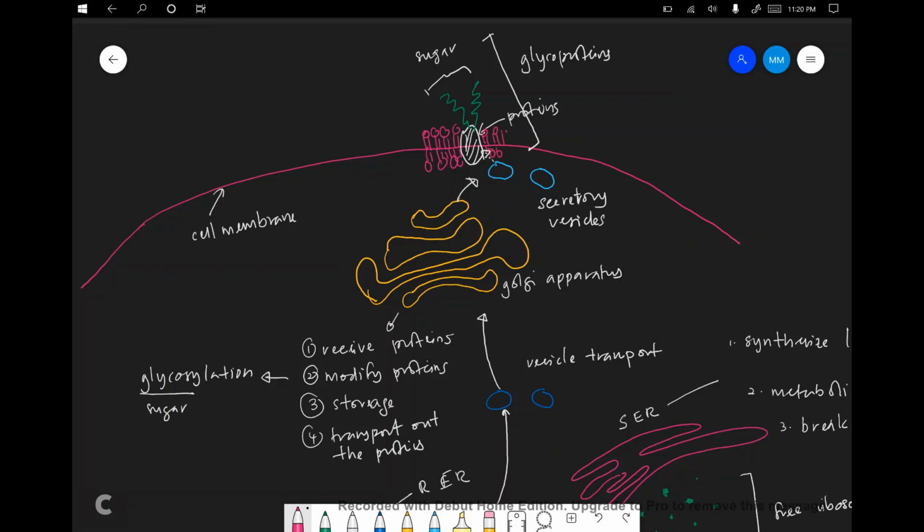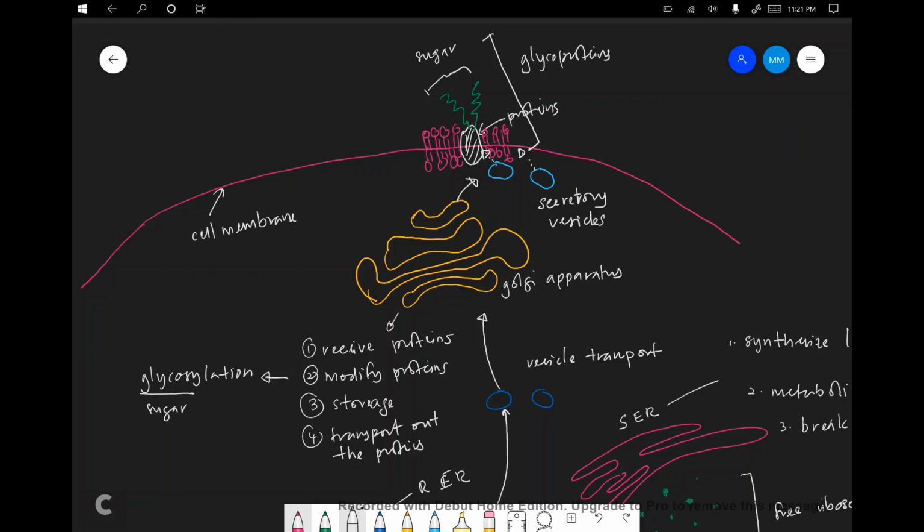So that's how things happen, class. Alright. Next, what else does the Golgi apparatus do? We say that it modifies the proteins, it stores and also it transports out the proteins.